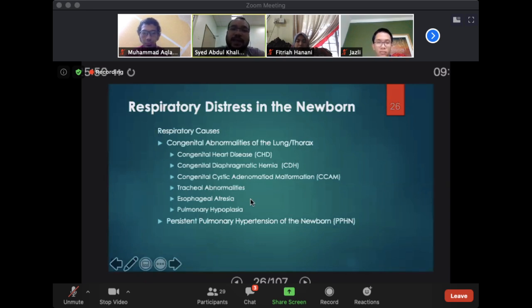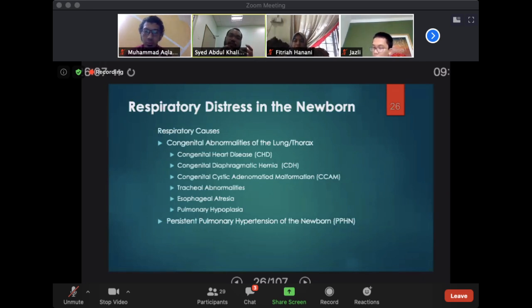It can be tracheal abnormalities, tracheoesophageal fistula, esophageal atresia, or pulmonary hypoplasia, where the lung is not really formed well. The problem with pulmonary hypoplasia is it will be very difficult to manage because the lungs are not well formed. The child will have chronic lung disease. Very difficult to manage.